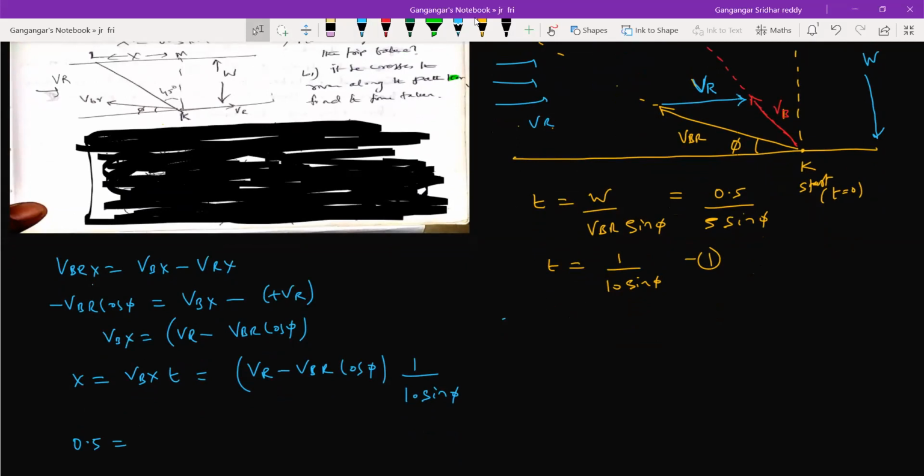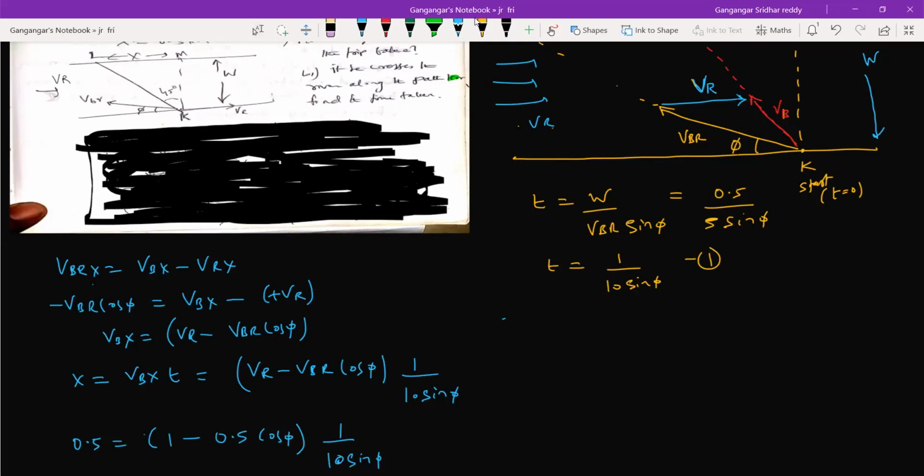VR value? 1. VR value is 1. VBR, anybody? 0.5. Cos phi, 1 by 10 sin phi.